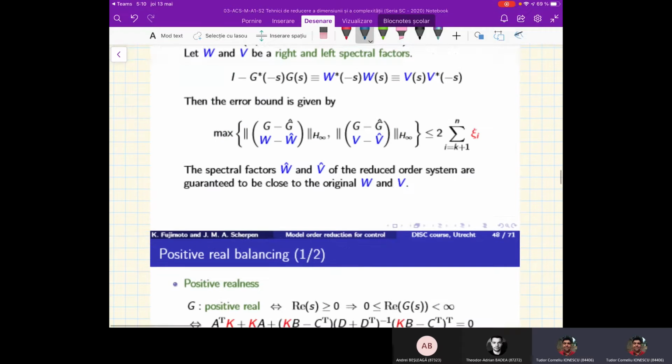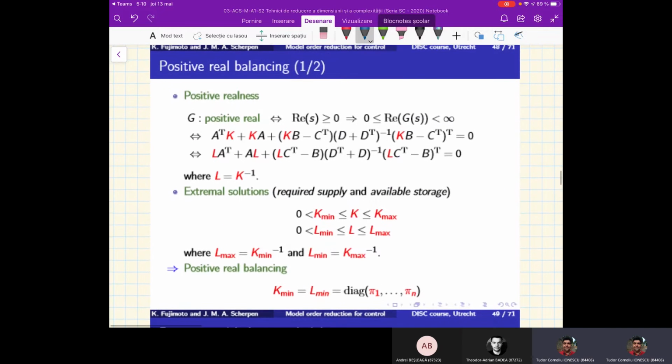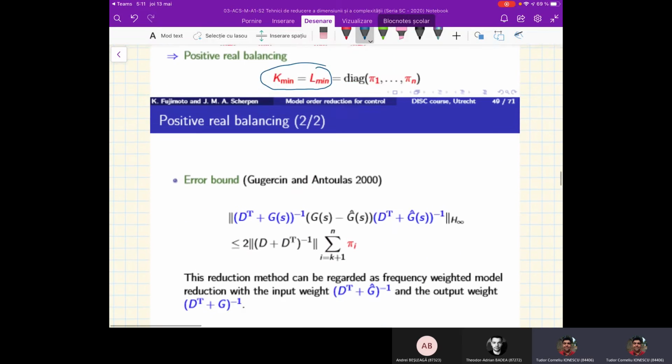Okay, using spectral factors. Positive real balancing is the same story. You have two Gramians from the required supply and the available storage, and these lie between minimum and maximum solutions. Essentially you need to balance two of the extremal solutions to be equal and diagonal. These are called positive real Hankel singular values.